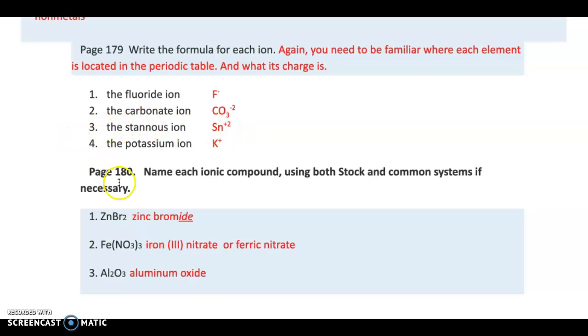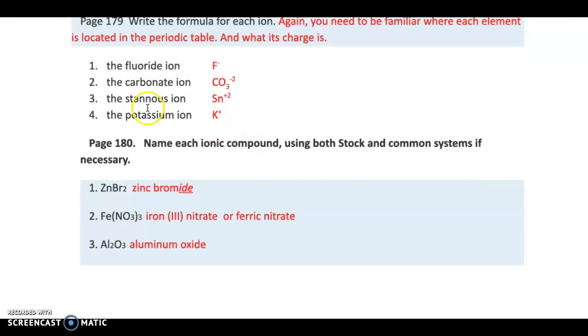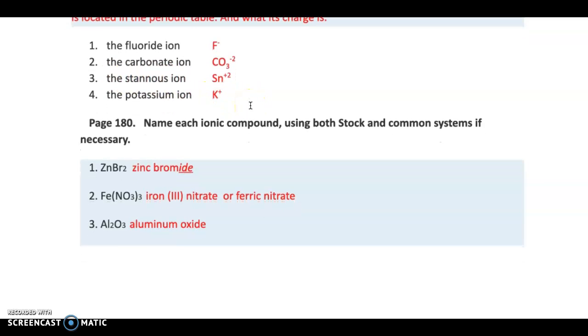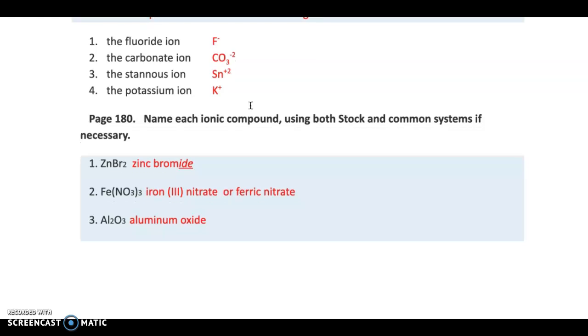There is a table in your book that you actually need to understand in order to solve these problems, because the names can be a little bit tricky for transition metals. Tin is a transition metal and it can have different charges, therefore the names are different for the tins that have different charges.